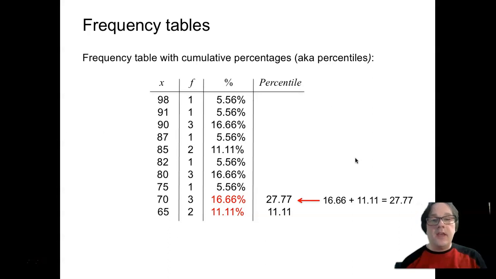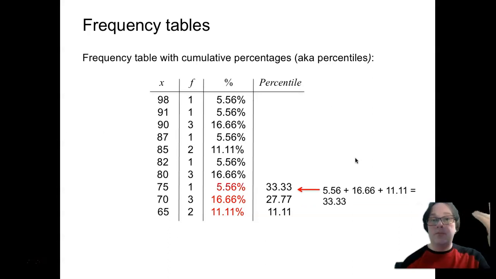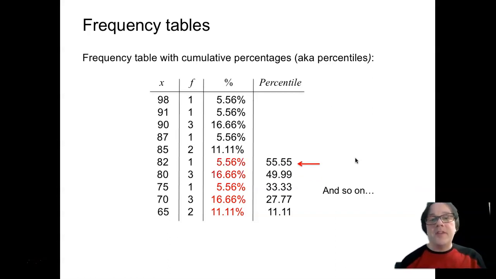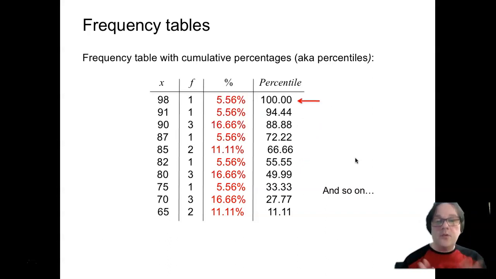Okay? And we can just, again, work our way up for each of these percentiles. For each of these percentage columns, we're just adding them up in order to create a percentile. So by the time we get to our highest score of 98, this is the highest score we have in our exam distribution there.